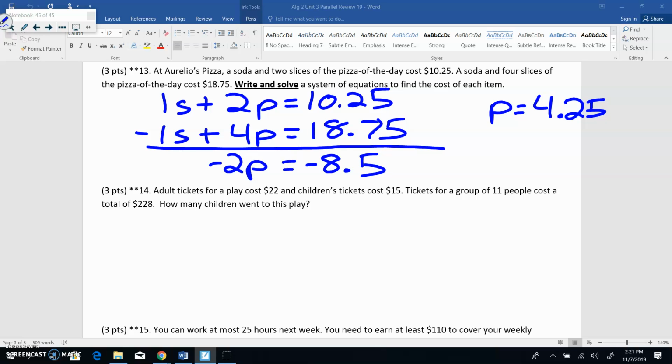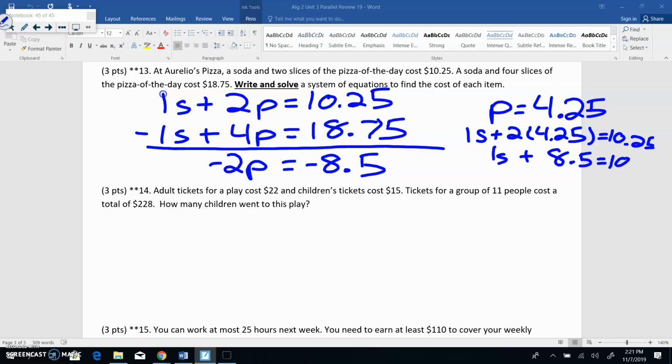I go ahead and plug that 4.25 into either equation. It does not matter. If I plug it into the top one, I have 1s plus 2 times 4.25 equals 10.25. Sorry, equals 10.25, not 10.50. 2 times 4.25, as we just saw a second ago, is 8.5.